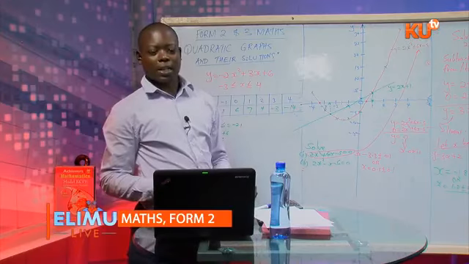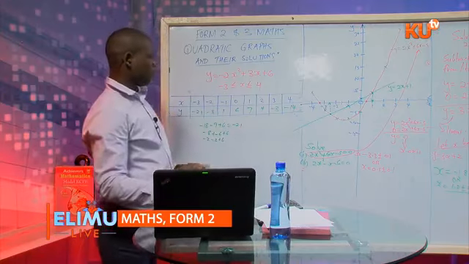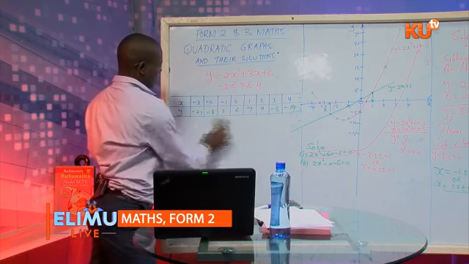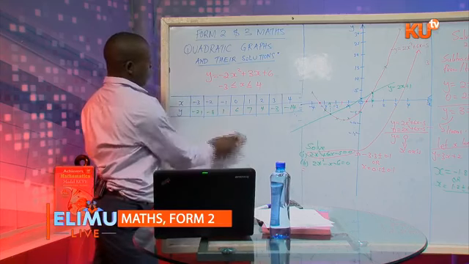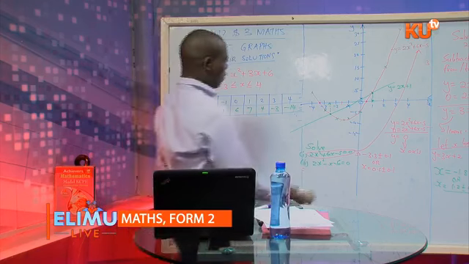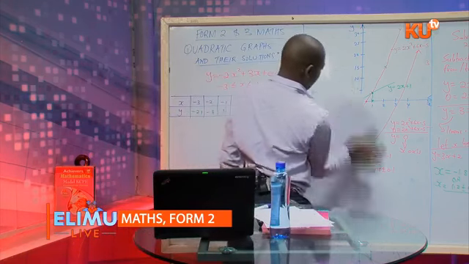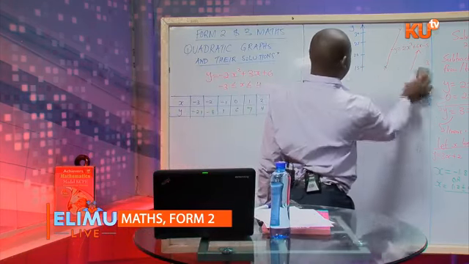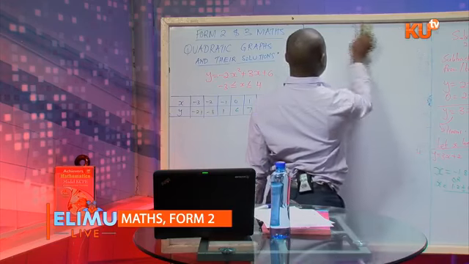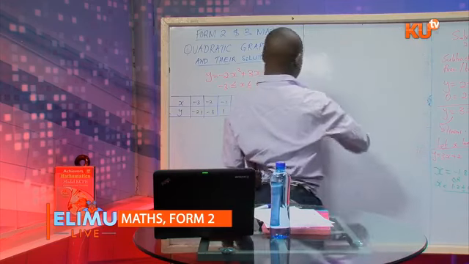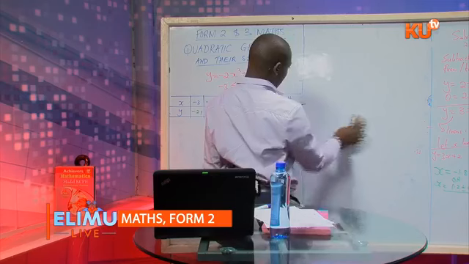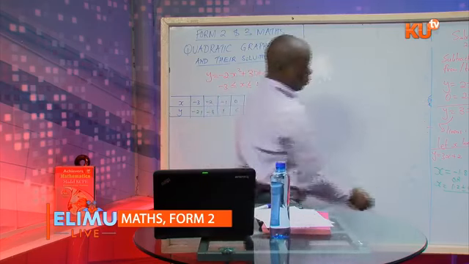So those are the values of x and y. And once you have them, go straight to the drawing of the graph. Because now we've mastered the procedure. Once you fill the table, the next thing has to be the drawing of the graph before we do the solutions.